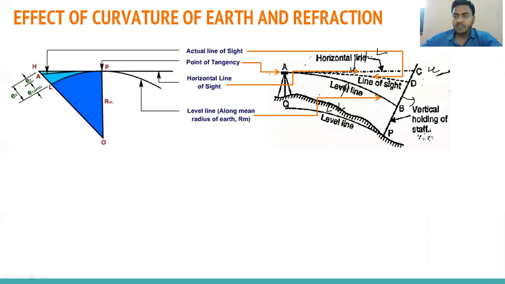We want to take the reading at C, but due to refraction, we are taking the reading at D. So here AD is the actual line of sight. Now AC we can call the theoretical line of sight, for the horizontal line. AC is the horizontal line, but due to refraction, the line of sight got bent towards the Earth, and it meets the leveling staff at D.